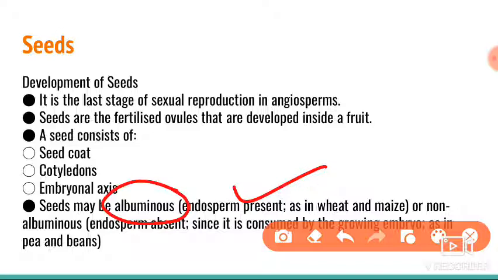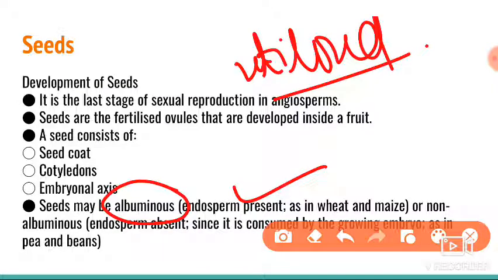The endosperm is not completely utilized by the embryo. Some bit of endosperm remains in the seed. Such seeds we call albuminous seeds or endospermic seeds.